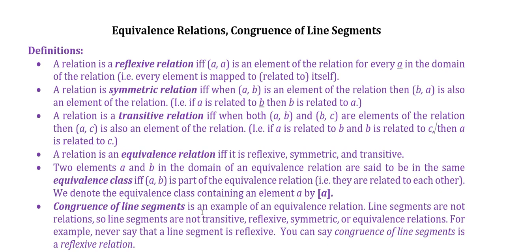Congruence of line segments is an example of an equivalence relation, which we'll prove in this video. Line segments are not relations, so line segments are not transitive, reflexive, symmetric, or equivalence relations. For example, we never say the line segment is reflexive, but you can say the relation congruence of line segments is a reflexive relation.